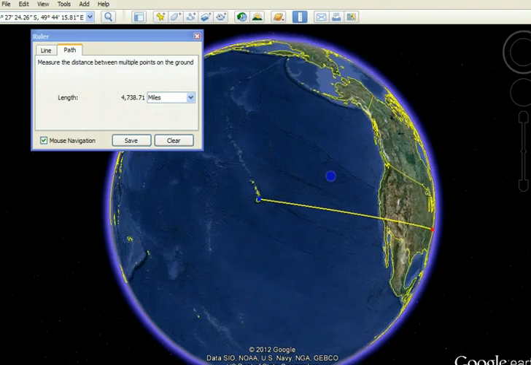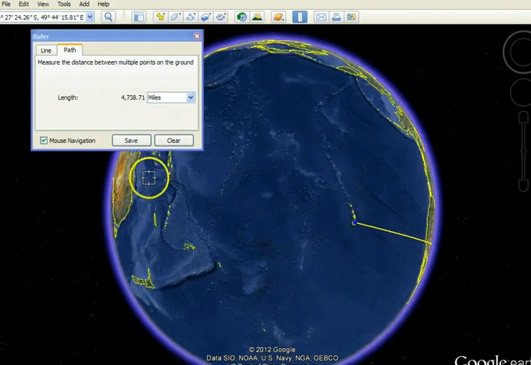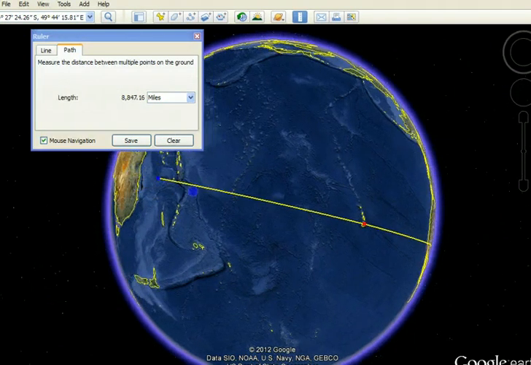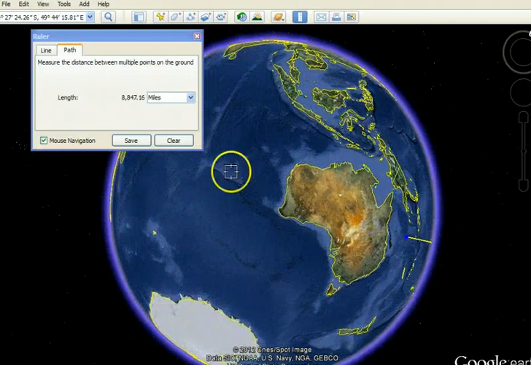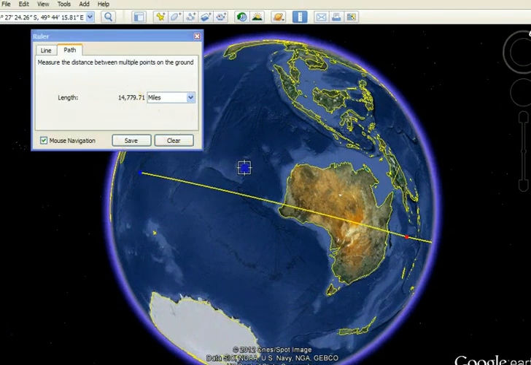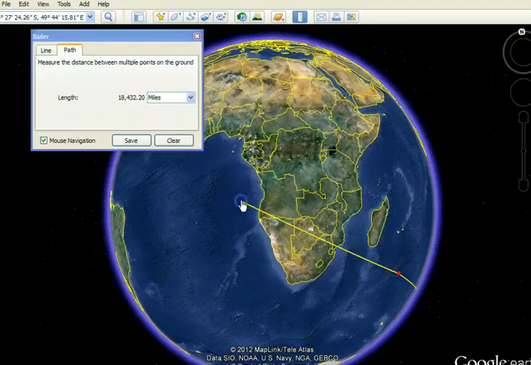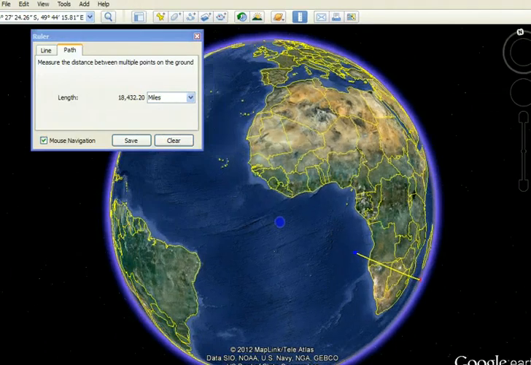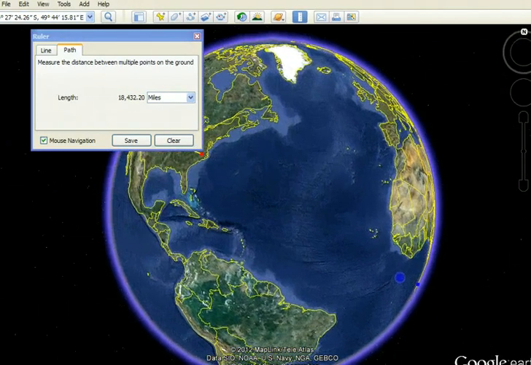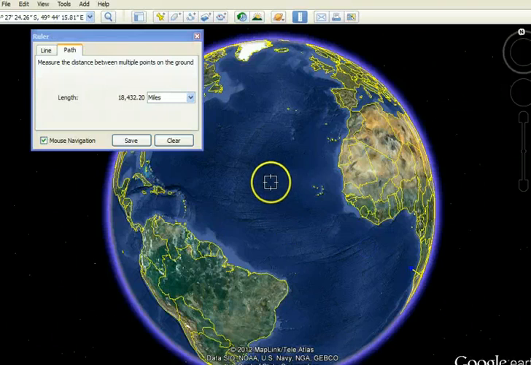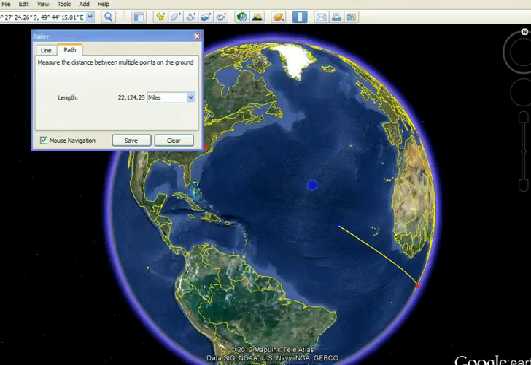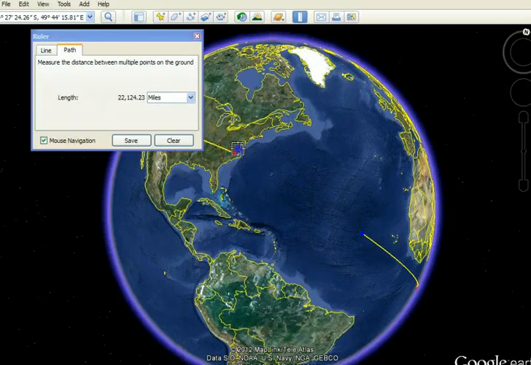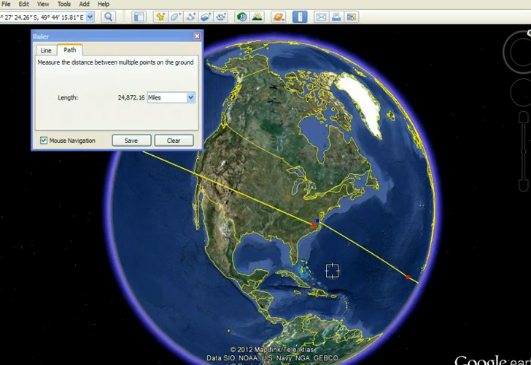If we keep going, I'm just going to follow this path through Australia, up to 14,000 miles, and we'll keep going across Africa, and by the time we get back, we're at about 25,000 miles around the Earth.